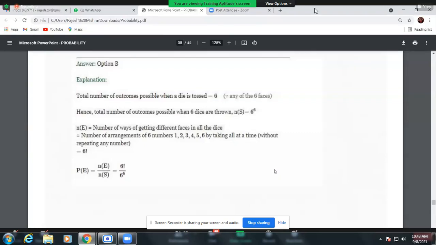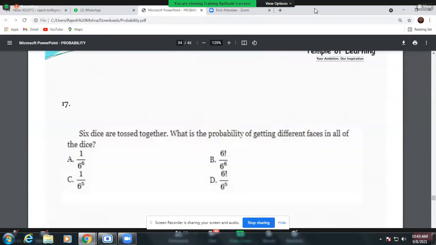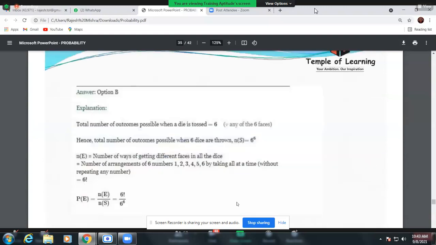Very clearly, it says, what is the probability of getting different faces in all of the dice? So if I get 6 different possibilities in the first, I have 5 different in the second, and so on. And this is nothing but 6 factorial. Is this okay, students? So this was an interesting question. This required a little bit of thinking, but once you had your thinking caps on, I don't think you required anything else.